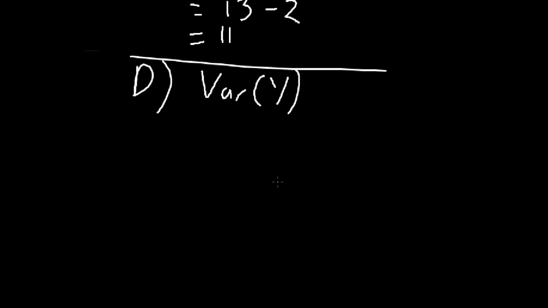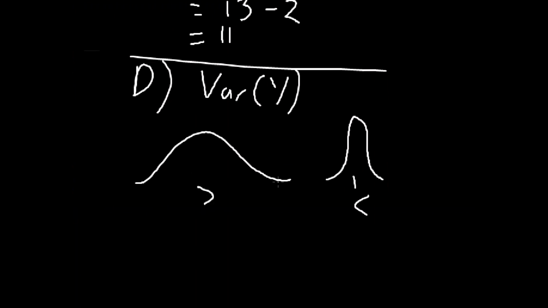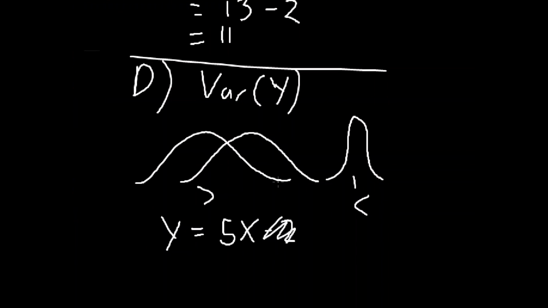Okay, the variance is all about the spread. So for instance, out of these two, the one on the right has a small variance, whereas this one has a large variance. So what we do is we square it. And we don't really care if it's moved across because it's got the same spread. So in our transformation, y is equal to 5x minus 2, we can just ignore that bit.